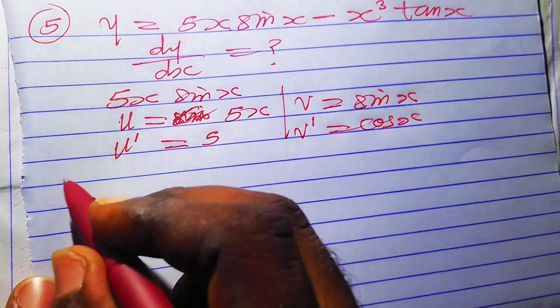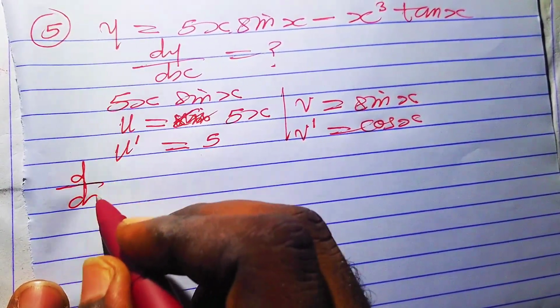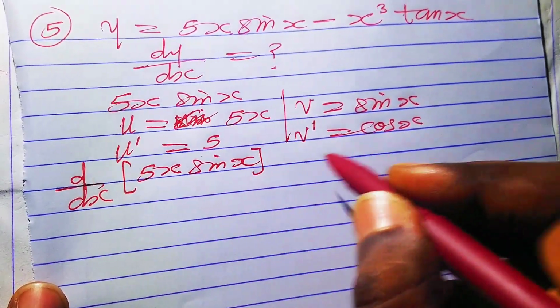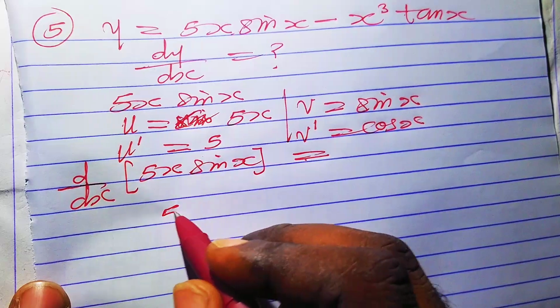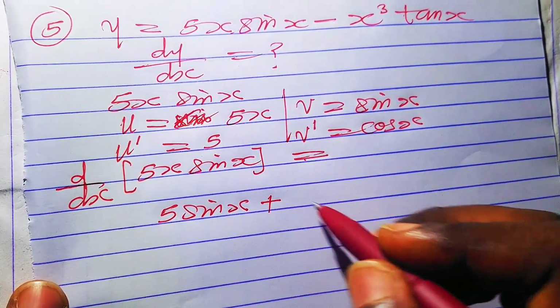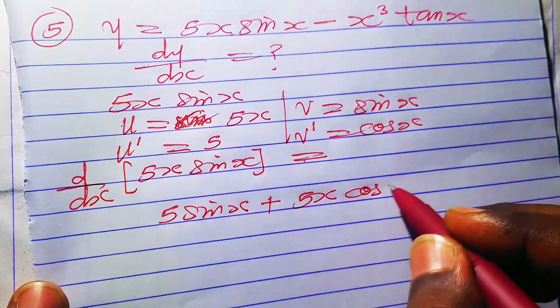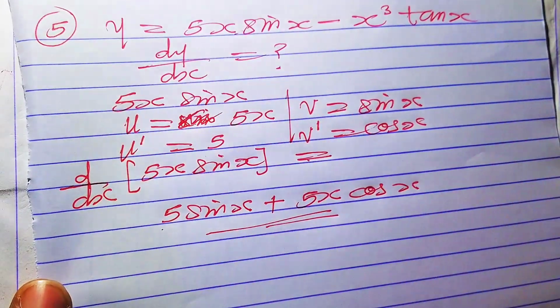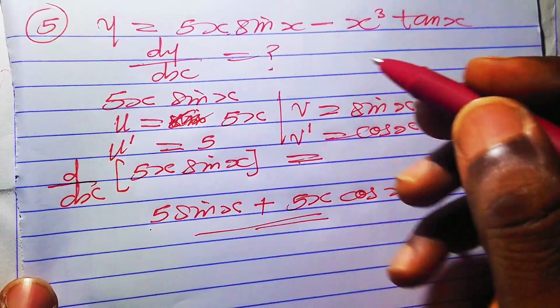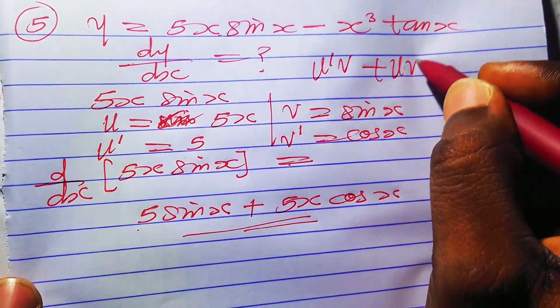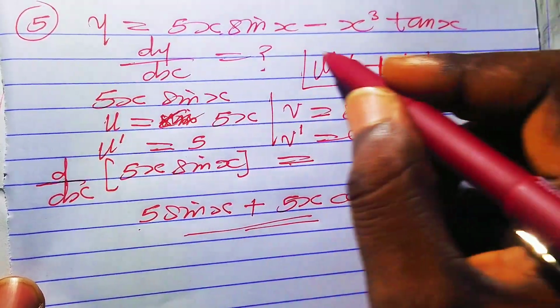Therefore differentiating 5x sine x with respect to x can be expressed as 5 sine x plus 5x cos x if you use the product rule for the first part of our question. And don't forget, the product rule is u prime v plus u v prime. Let's take note of that.